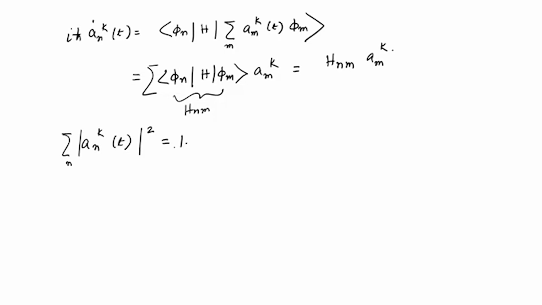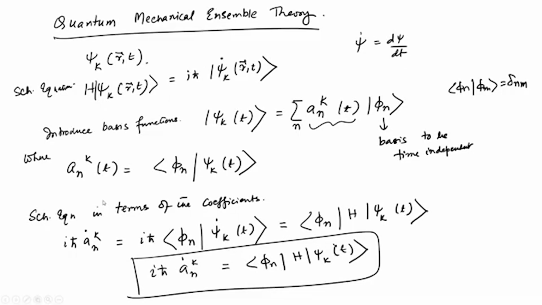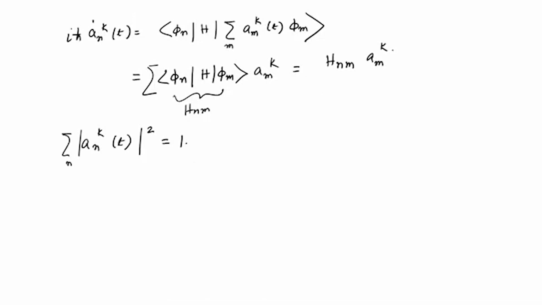This you can check very easily, because you just have to go back to the expression that you see here, take a mod square of that, and use the completeness of the basis, that is the sum of phi n phi n should be equal to 1, and also the psi to be properly normalized. So, this is equal to 1, and this is for all k.